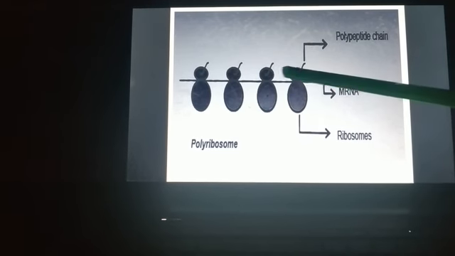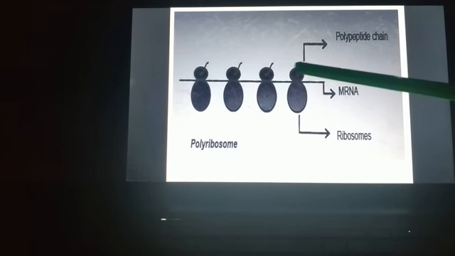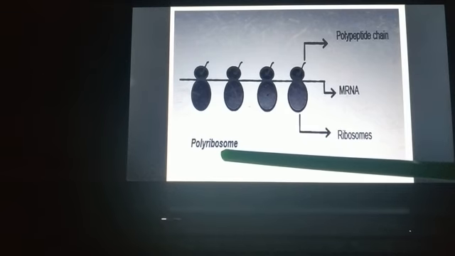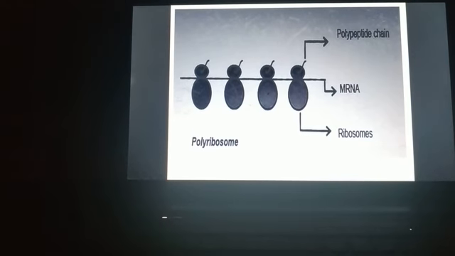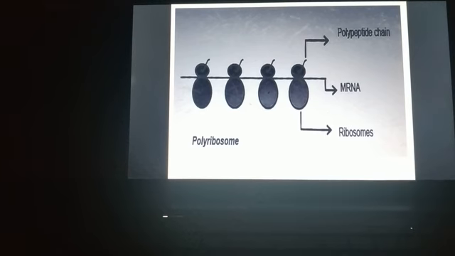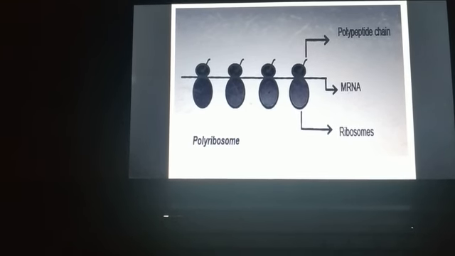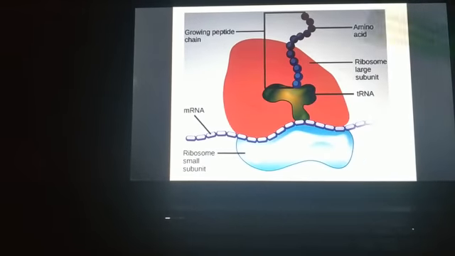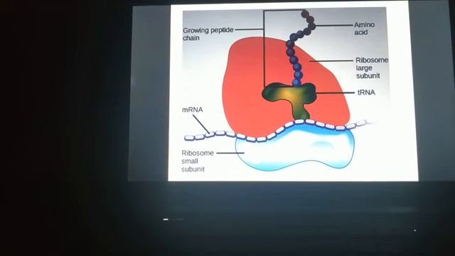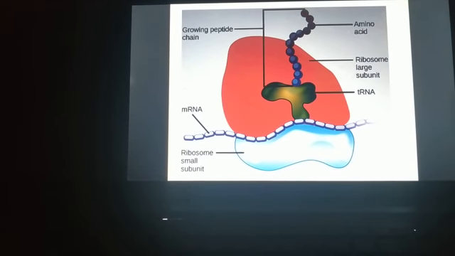This will then undergo the process of translation as we have seen, and form the protein from this mRNA. So we can say that ribosomes play an important role in protein synthesis.